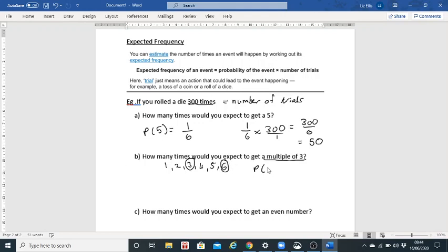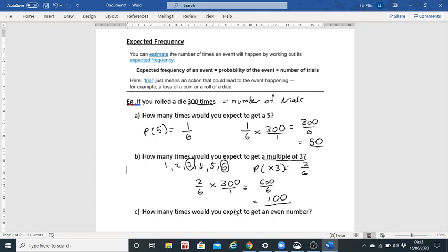So the probability of a multiple of 3 is 2 out of 6. So once again, we're going to do the probability of the event times the number of trials. So that's 2 over 6 times 300. Times the top, times the bottom, divide, gives us that 100 times we should expect to get a multiple of 3. 50 times we should expect to get a 5.